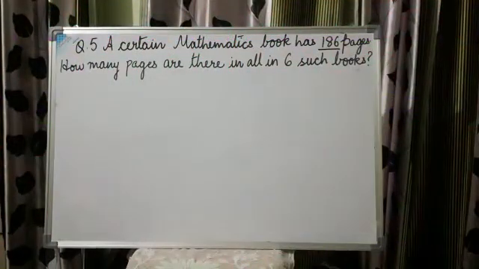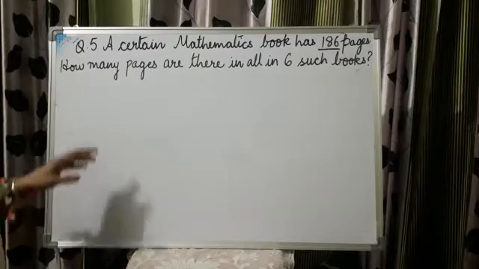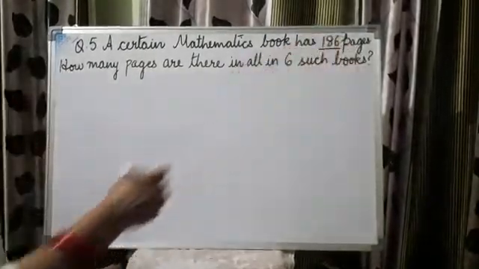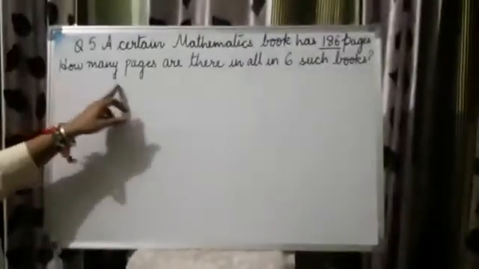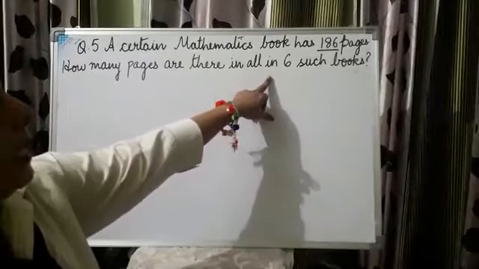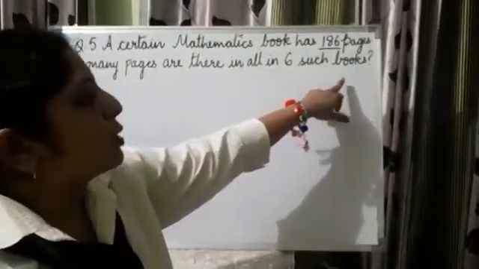The next question of this exercise which we are going to do is question number 5. A certain mathematics book has 186 pages, which means in one book, that is the mathematics book, we have got 186 pages. How many pages are there in all in 6 such books?